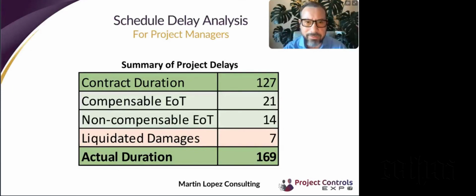You can prepare a summary that explains the days of delay. In this case, our original contract duration was 127 days. We have 21 days of delay that is compensable in time extension, 14 days non-compensable with time extension, 7 days liquidated damages, and an actual duration of 169 days.